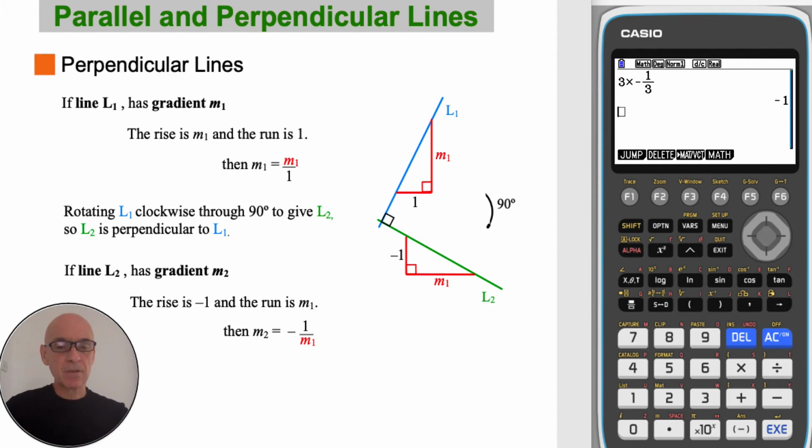And if you picture the red triangle rotating through 90 degrees as well, then the rise for L1 becomes the run for L2, and the run for L1 becomes the rise for L2, noting however that the green line is going downhill, so it has a negative rise. So if line L2 has a gradient called m2, then this gradient is equal to negative 1, that's the rise, over m1, that's the run.